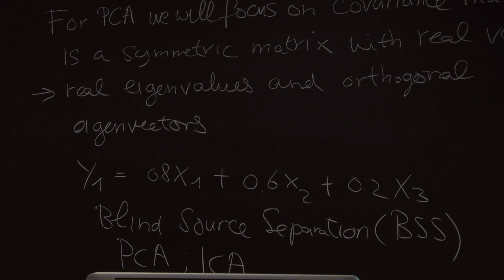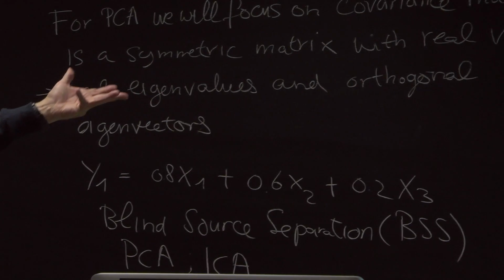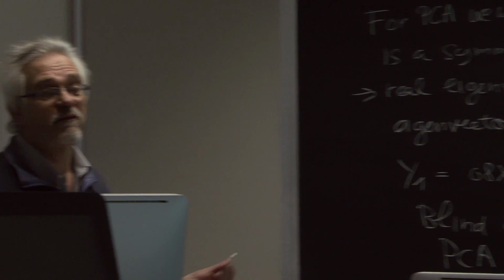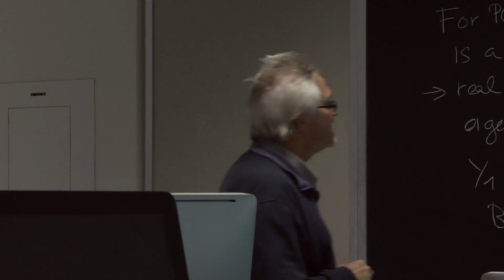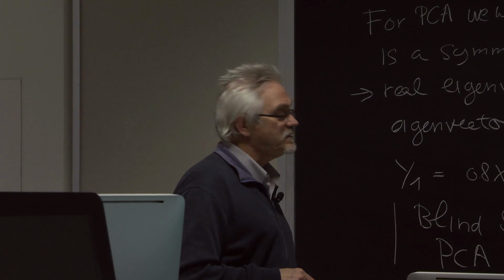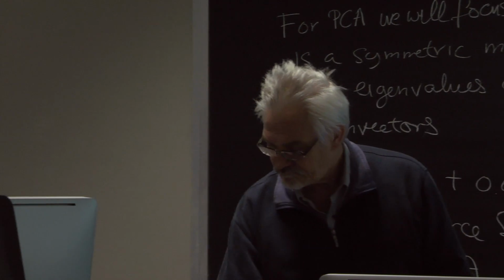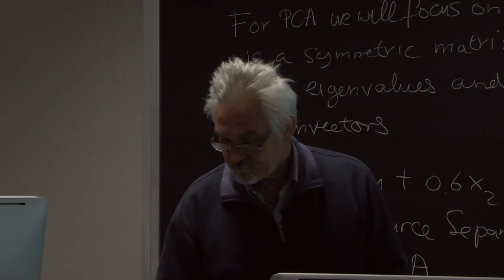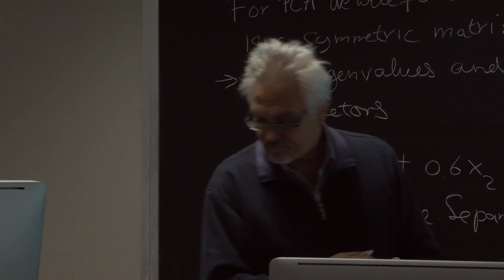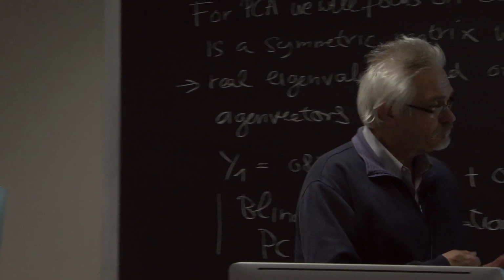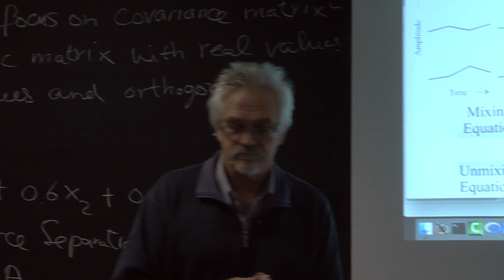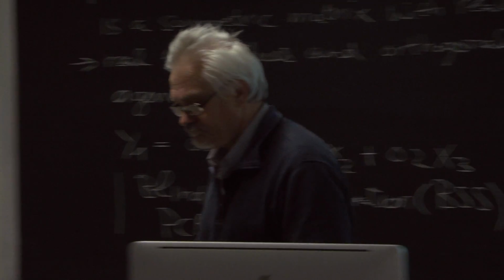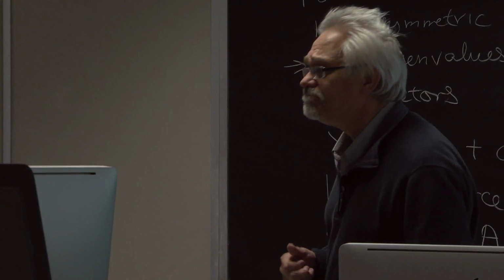The motivation is thus, you want to do something that looks like this, but you can't in a number of cases, and then you use these techniques. Is that clear?